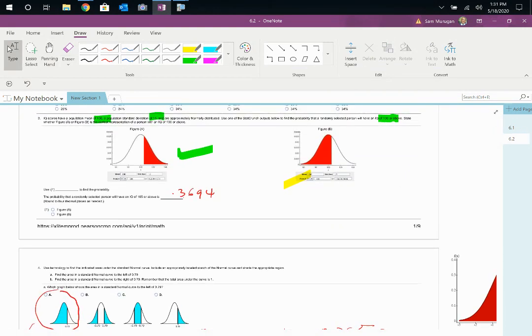So looking at the numbers here, the mean and standard deviation are the same on both graphs. And they're saying with an IQ of 105 or above, so the shading would be to the right, which makes it the first graph. And you can see in the little box the probability is 0.3694.